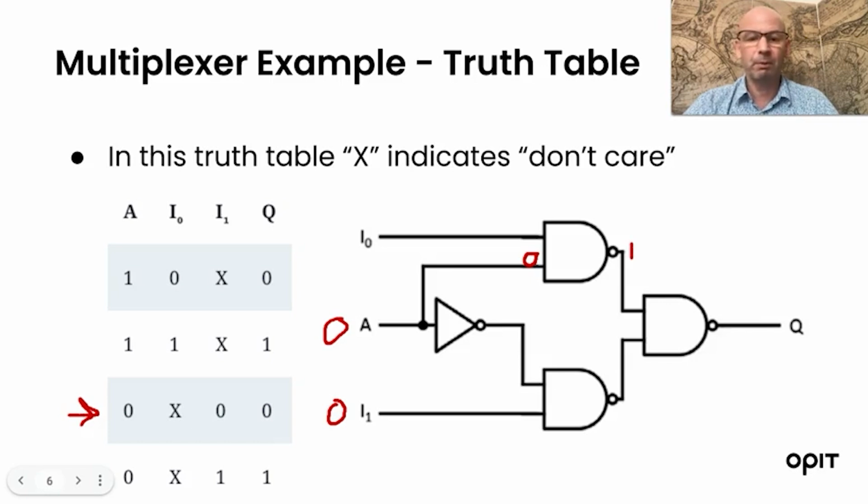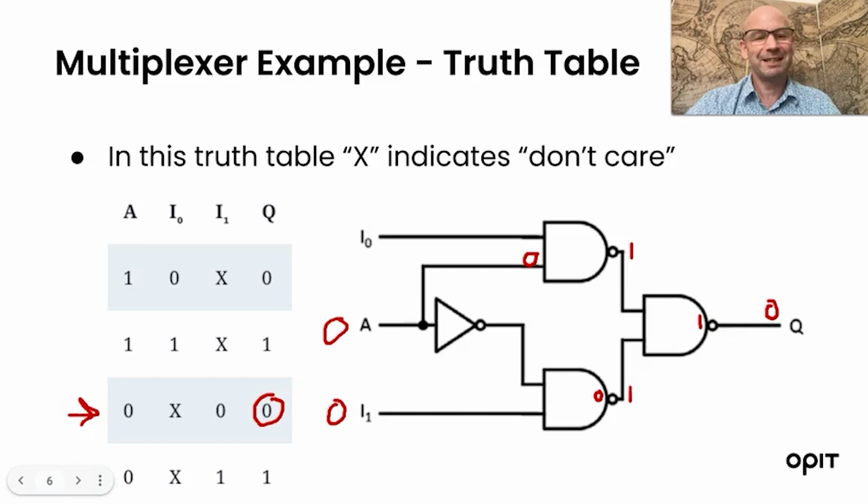So we know the output here is going to be 1. And then if I1 is 0, we know that the output would be 0 and inverted is 1. So we have two 1s, which when ANDed would be a 1, but inverted will be 0. Okay, so that's how we get this value here.